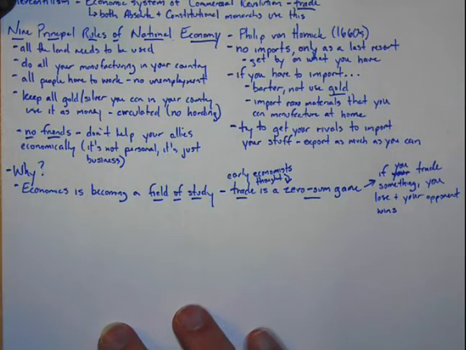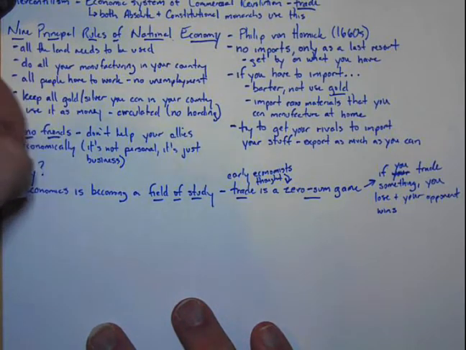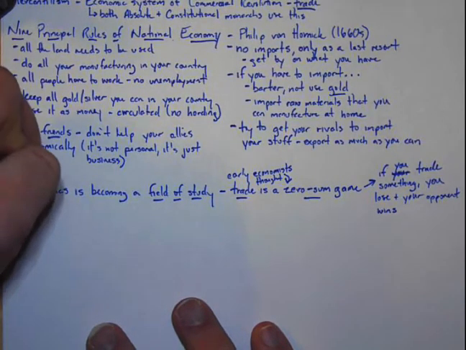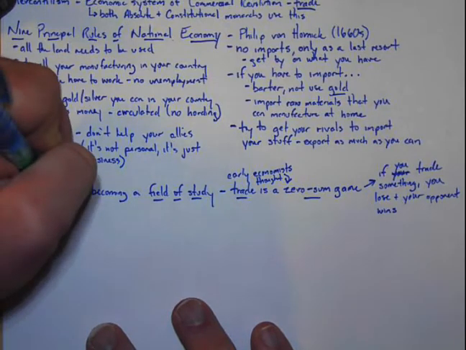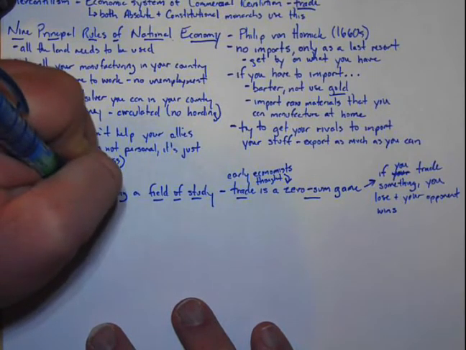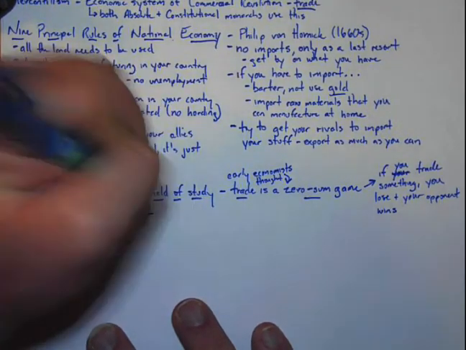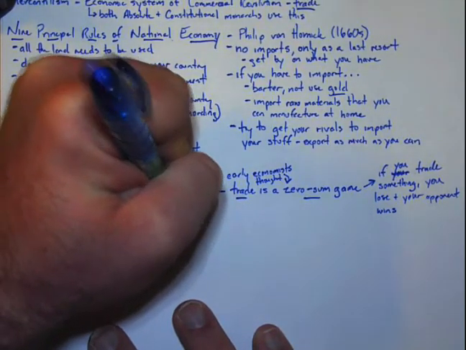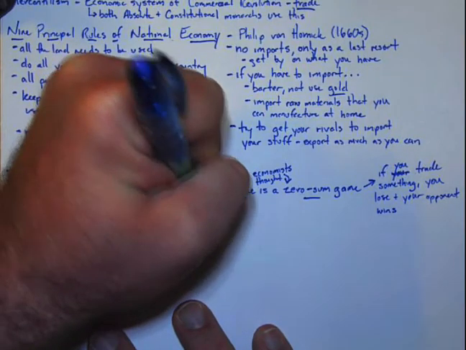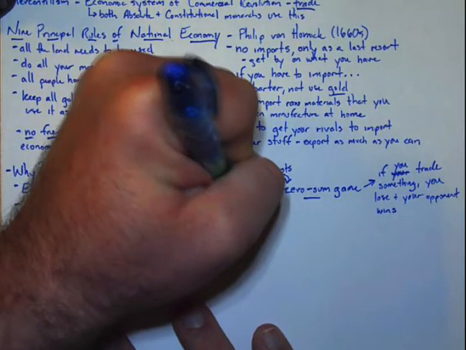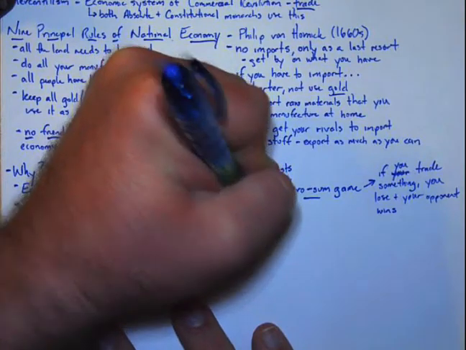The other thing that's motivating this economic theory of mercantilism is the idea that this is a period of increased conflict. And we're starting to see governments create standing armies.